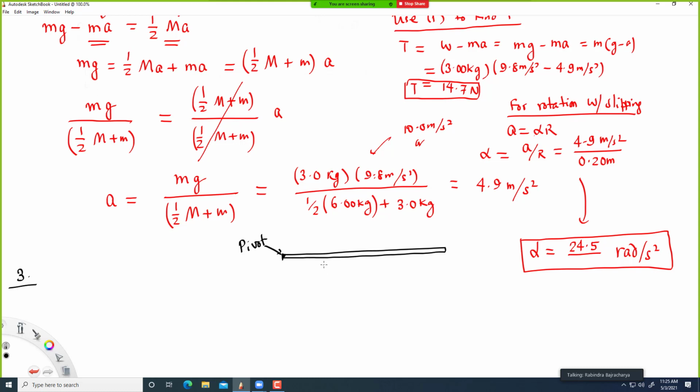Find the angular acceleration of the rod immediately following its release. So the rod will rotate like that about that axis. We want to find the angular acceleration at which it rotates.